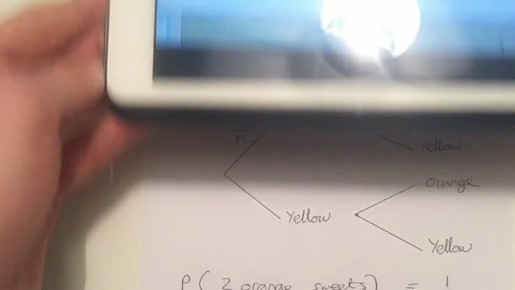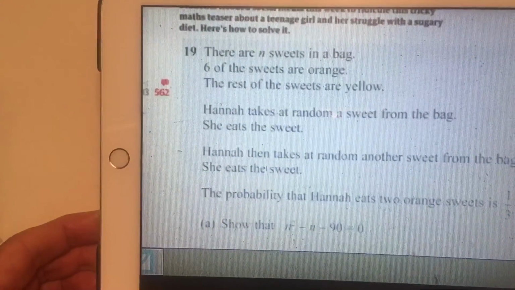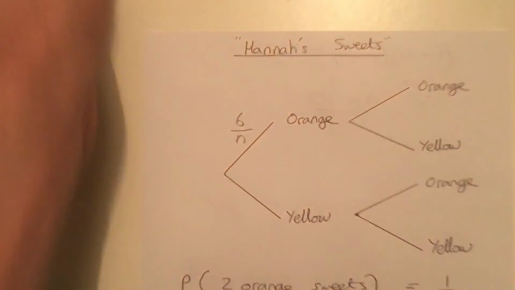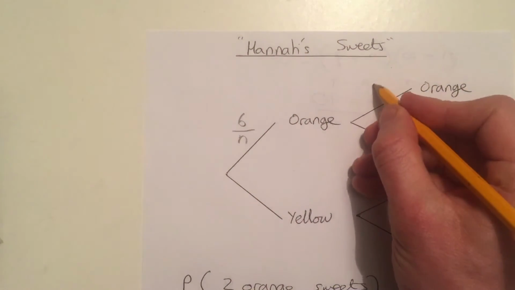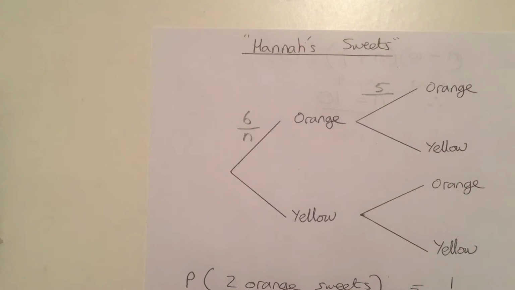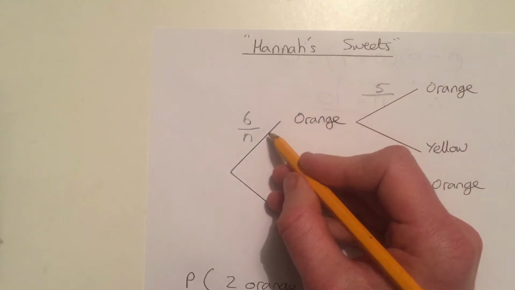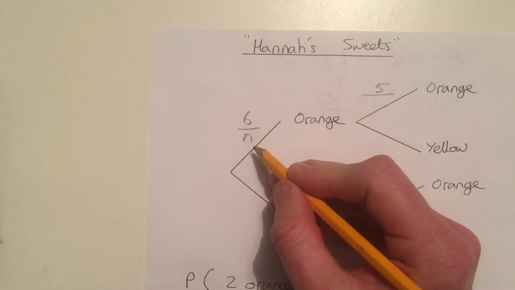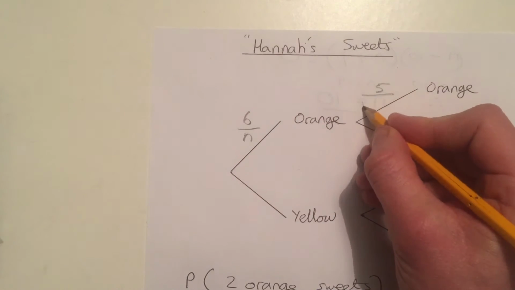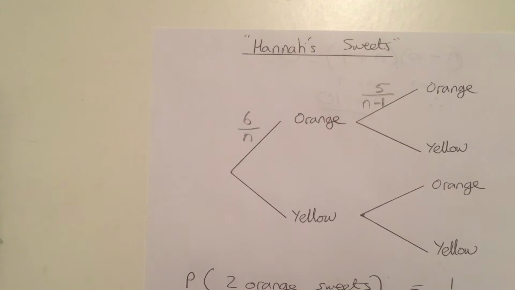For the second sweet, it told me that Hannah eats the sweet. So that means that there would only be 5 orange sweets left once she's eaten the first one. In terms of the total sweets that are left, well, there was n to begin with, and she's just eaten one, so there is now n minus 1.